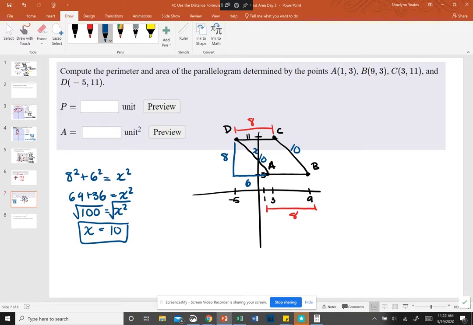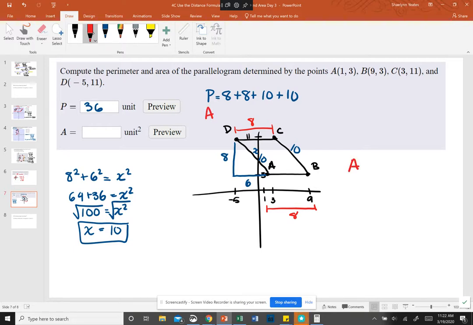Now, finding the perimeter is really easy. So the perimeter is just going to be 8 plus 8 plus 10 plus 10, which if I add all those together, that's 36. Now, if I want to find the area, I actually have to take into consideration my height.